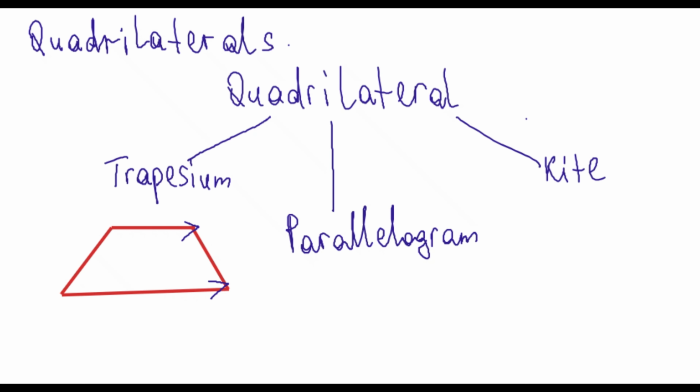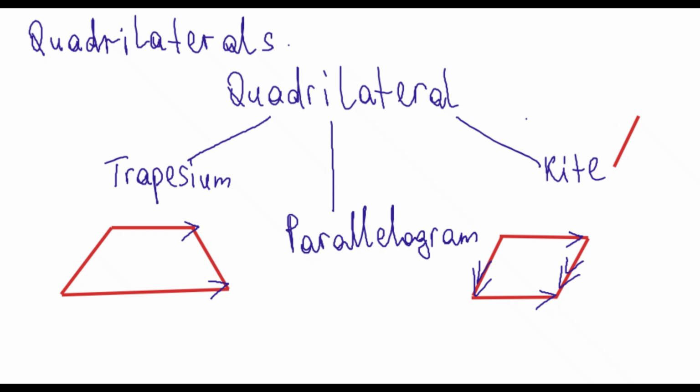These sides, they are not parallel. What is parallelogram? Parallelogram is a quadrilateral with 2 pair of parallel sides. So this side is parallel to this side and this side is parallel to this side. So parallelogram is a quadrilateral with 2 pair of parallel sides.